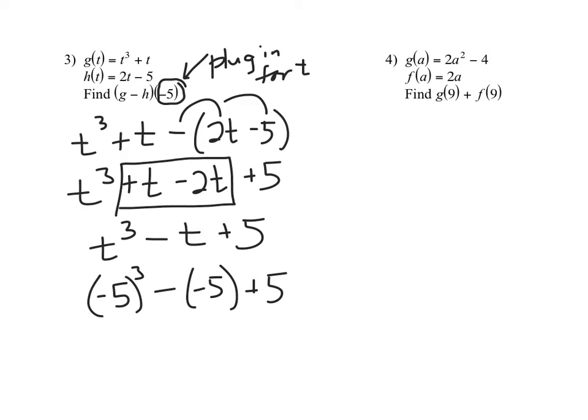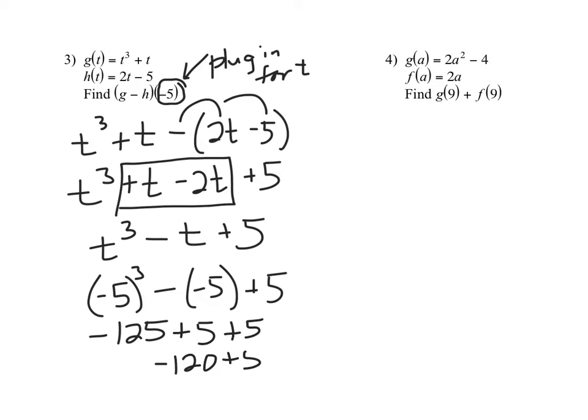So negative 5 to the third power is negative 125 if you plug that in the calculator. Negative times a negative here, negative times a negative, that's going to be positive. So that's going to be plus 5, and then plus 5 more. So negative 125 plus 5 is negative 120.